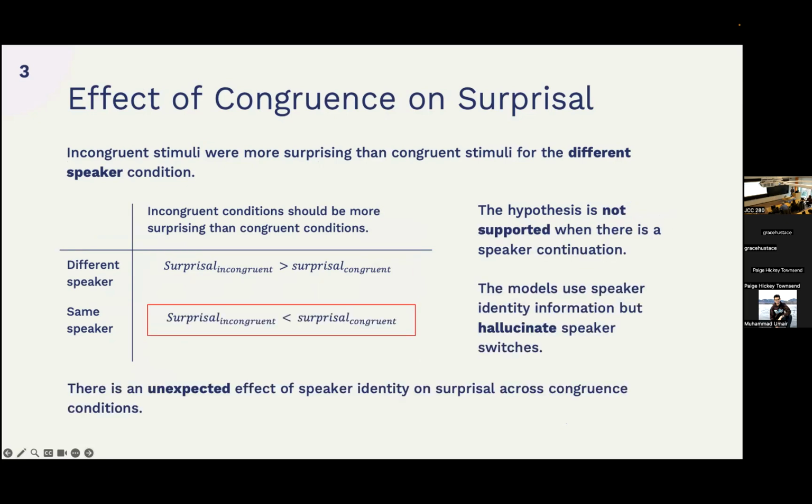But when it was the same speaker in the second turn, we found that incongruent stimuli were less surprising than congruent stimuli. And this is really unexpected in our case. We interpret this as the model hallucinating speaker switches. So the model actually thinks that speakers are continuing when a different speaker has started to speak.